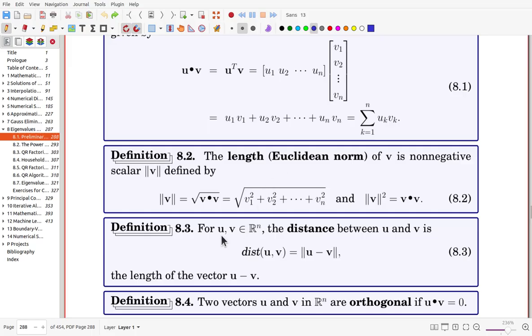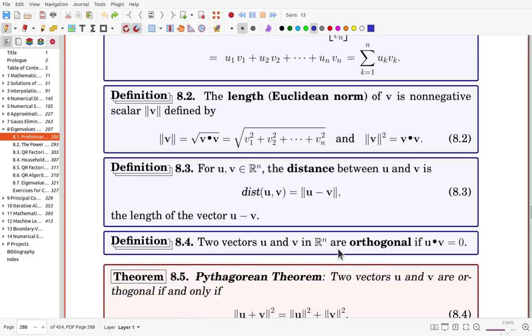For two vectors U and V, we can find the distance between the vectors. It's defined in this way. Here the difference, and we measure the length, and that is called distance. Two vectors are orthogonal when their dot product is 0. That is the definition.